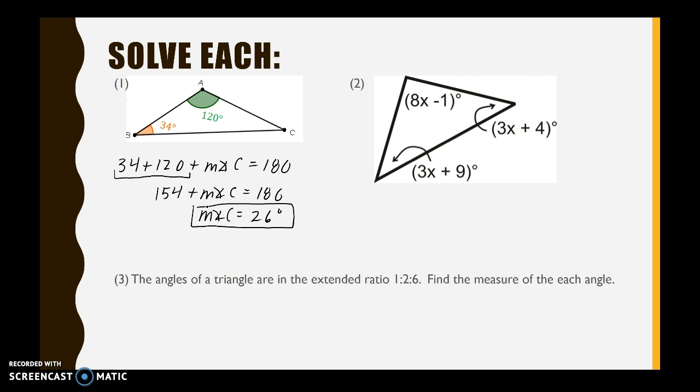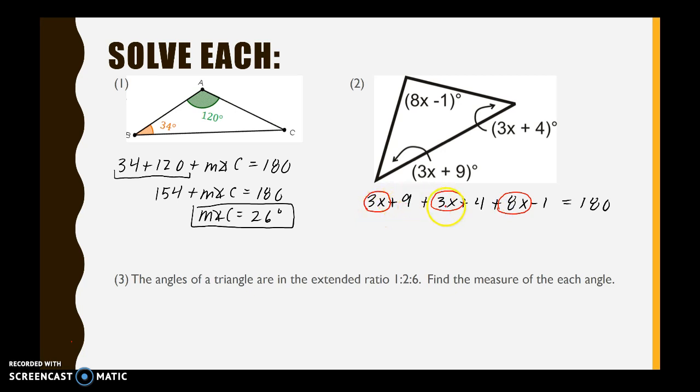Okay, now a little algebra. All 3 of my angles are in terms of x. 3x plus 9, that's angle 1, plus 3x plus 4, that's angle 2, plus 8x minus 1. Still a triangle. Sum never changes, 180 degrees. Let's first combine all the like terms.